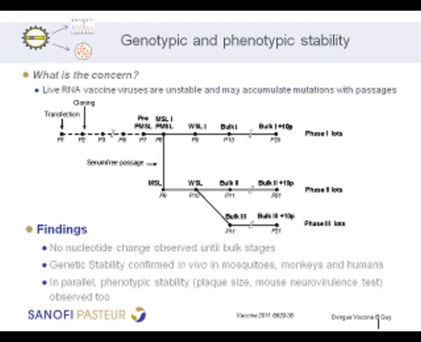Nevertheless, the seed lot system that was used for yellow fever vaccine has been remarkably successful in maintaining the attenuated phenotype of the yellow fever 17D vaccine over the decades, and this high genetic stability may be attributed to the low error rate of yellow fever 17D virus RNA polymerase.